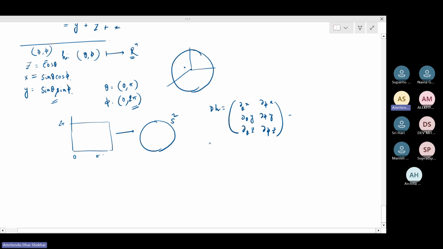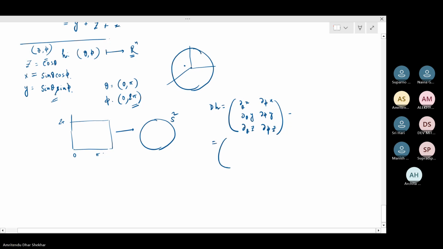Which is: d theta of x is cos theta cos phi, d theta of y is cos theta sin phi, and d theta of z is minus sin theta.